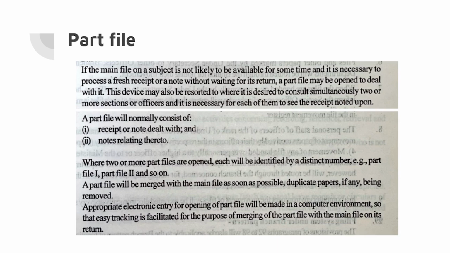A part file will be merged with the main file as soon as possible, duplicate papers, if any, being removed. Appropriate electronic entry for opening a part file will be made in a computer environment so that easy tracking is facilitated for the purpose of merging of the part file with the main file on its return.